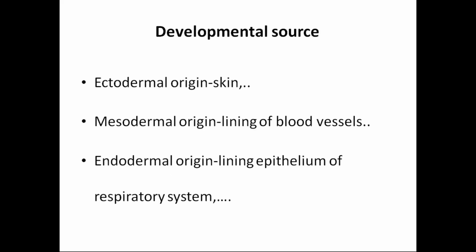And now the developmental source of epithelial tissue. Epithelial tissue actually develops from three germ layers: ectodermal origin, skin and some glands; mesodermal origin, lining of blood vessels and also interior of the heart, the endocardium; and endodermal origin, lining epithelium of our gastrointestinal tract and respiratory systems.